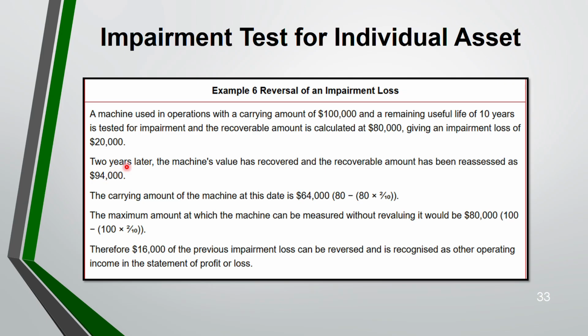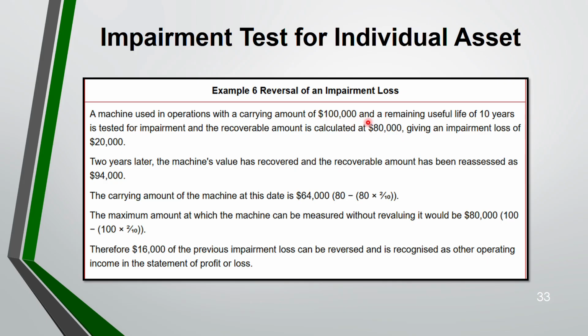There's no impairment now. So the impairment loss of 20,000 that you calculated before, now you have to reverse. But you can't reverse the entire 20,000. There is a limit up to which you can reverse. The maximum amount at which the machine can be measured without revaluing it is this: the carrying amount went down to 80,000 because of impairment, but if it was not impaired, your carrying amount would have been 100,000.